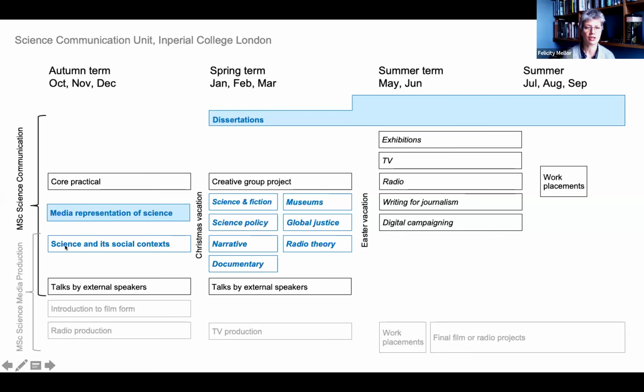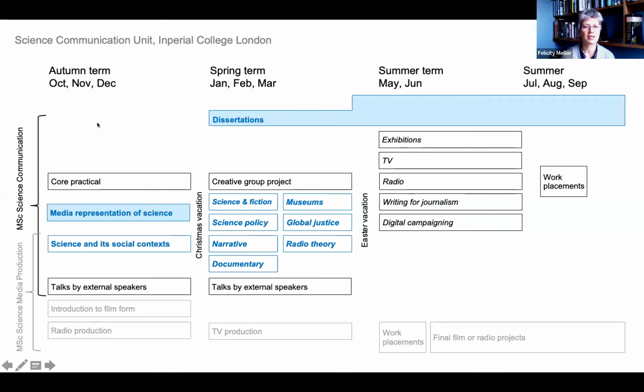As Franz mentioned, I have for over 20 years been involved with the Science Communication Masters programme at Imperial College. So I'm going to be talking about how we do things on that programme. Siddharth is going to share a slide which sketches out the context of that programme.